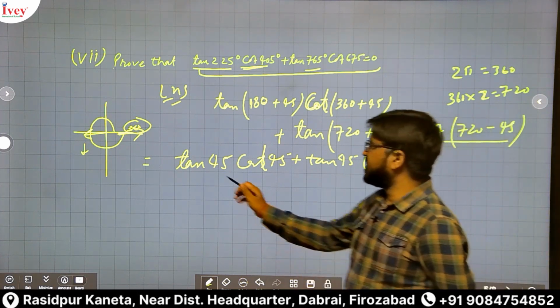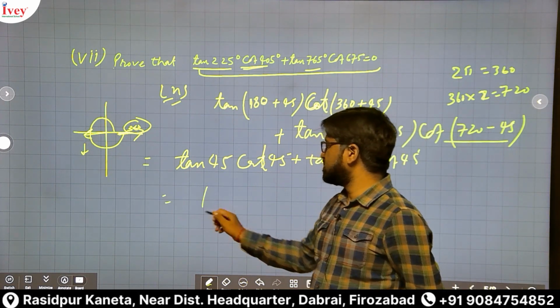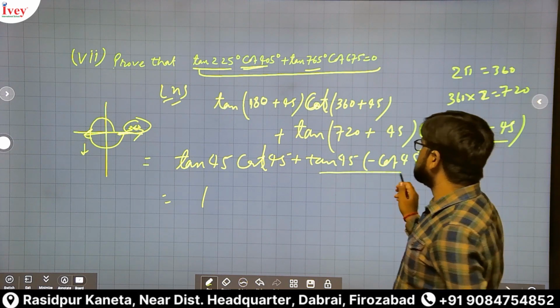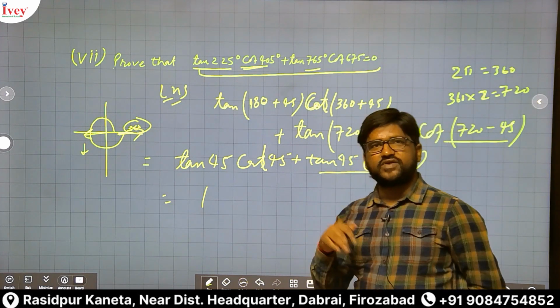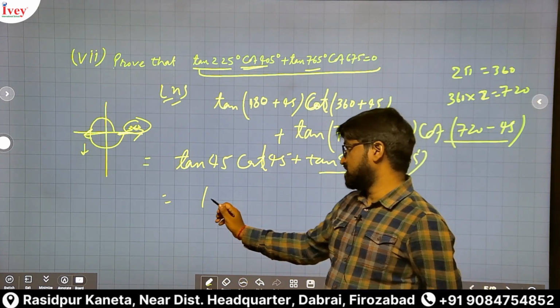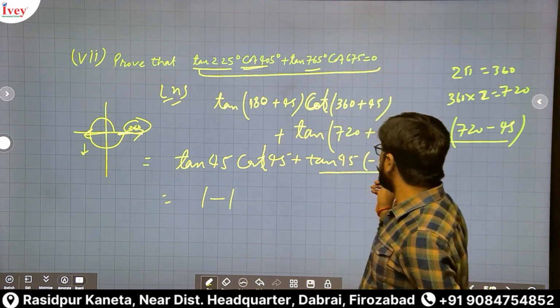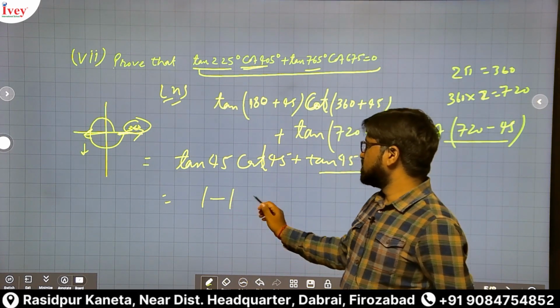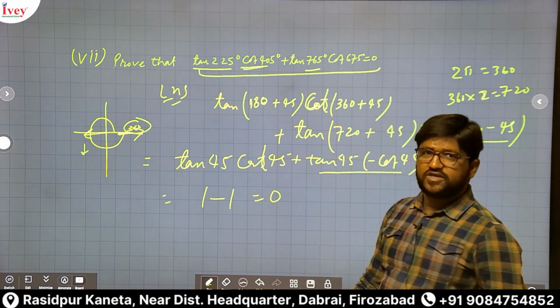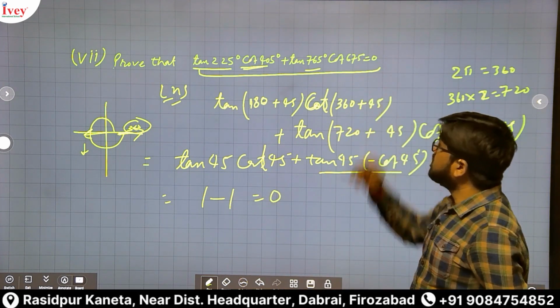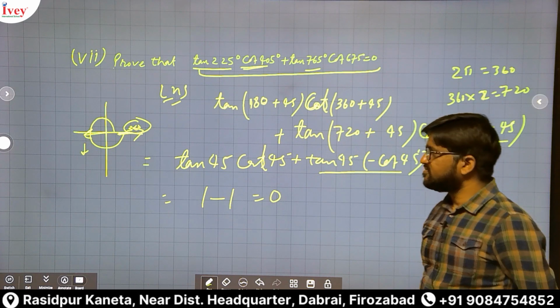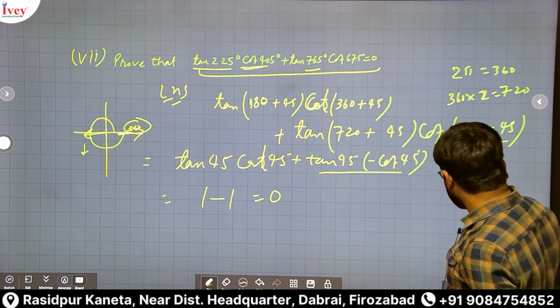And you know cot 45 is always 1. So it is minus 1 minus 1, because of this minus, so this will give you 0. So this was the RHS. This way we need to handle questions like this.